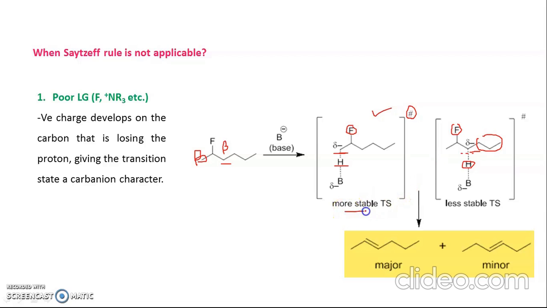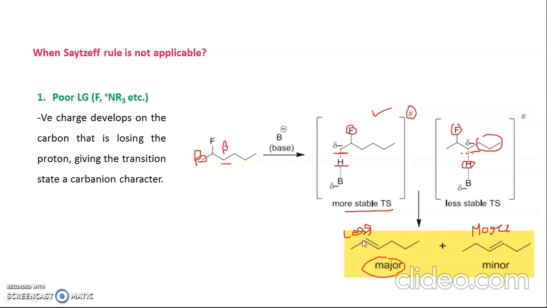So that is the reason the first transition state is more stable and it will lead to this product as major. So see, now it is the less substituted alkene, but still it is the major, and it is the more substituted alkene, but it is minor. So now Saytzeff rule is not followed. Now Hofmann rule is followed.